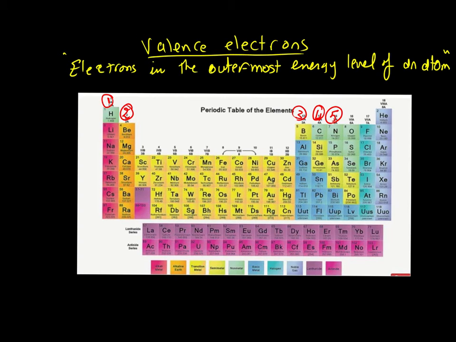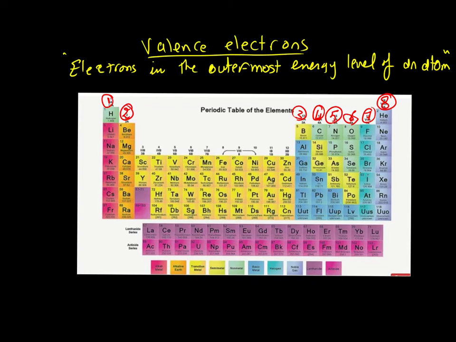Group 16 or 6 have 6 valence electrons. Group 17 or 7 have 7 valence electrons. Group 18 are the noble gases, or group 0 or group 8, and have 8 valence electrons. So the number of valence electrons agrees with the group number in the periodic table.